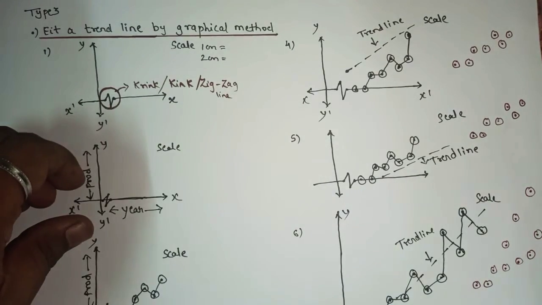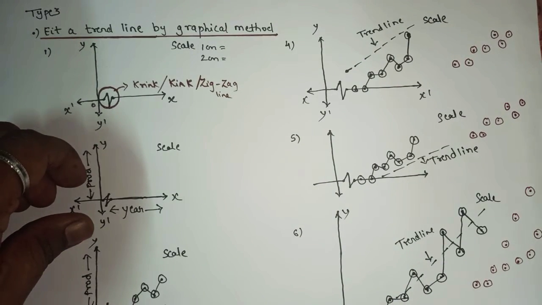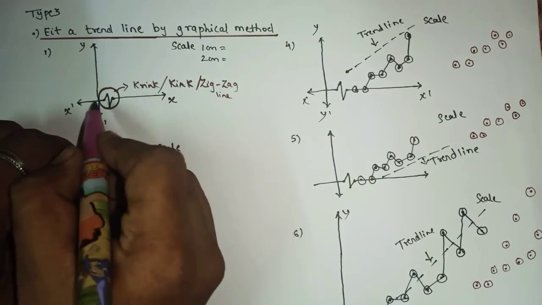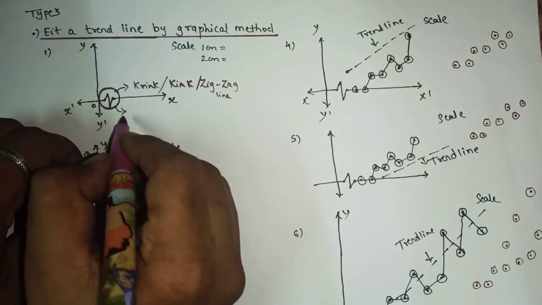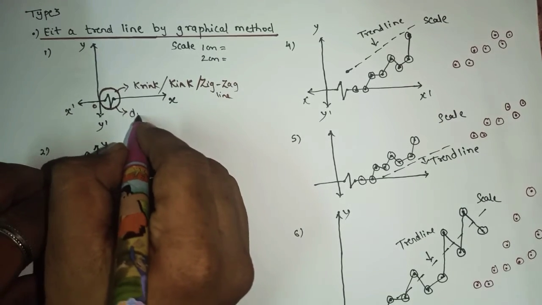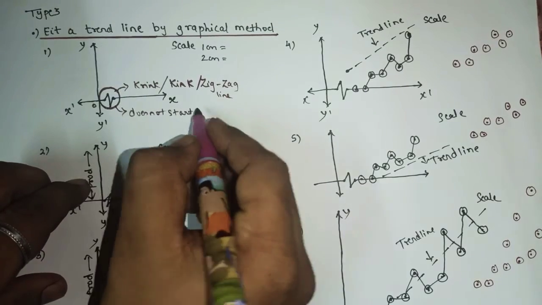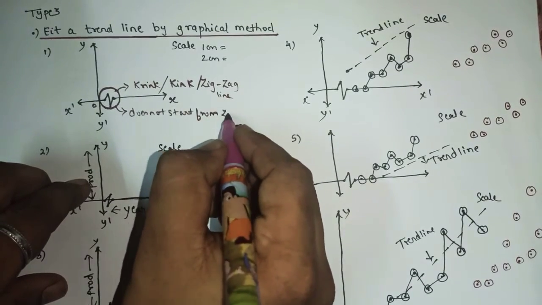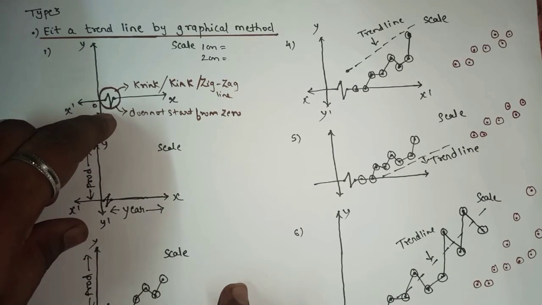So this is the origin, near the origin. We draw it when the scale on the axis does not start from 0, that's why we draw this symbol.